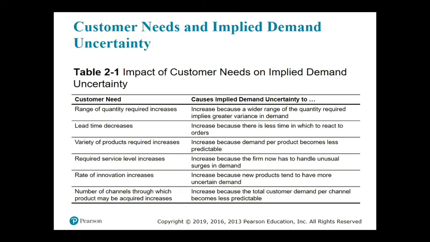So, for example, if the range of quantity required by customers increases, that means there is more uncertainty in the demand. If the lead time decreases, there is also more uncertainty in demand because there's less reaction time.